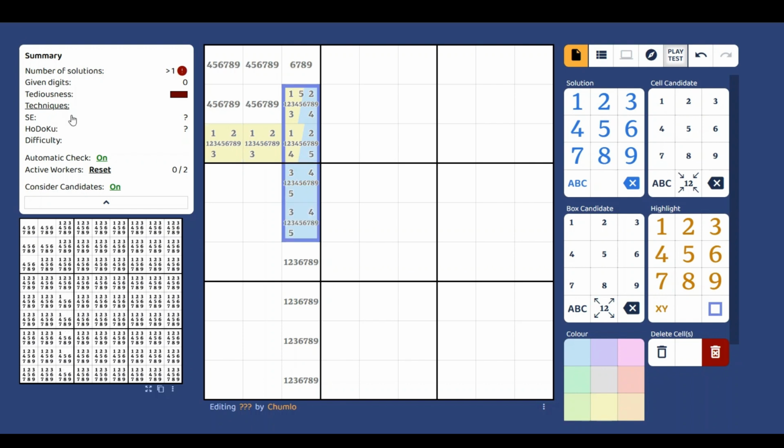But we could also get slightly more complicated cases where we have candidates that are shared between two AHS. So here's another case where we have an AHS with three candidates spread across four cells. We have one in yellow, that's 1, 2, and 3 spread across these four cells in the box. And then we have 3, 4, and 5 spread across these four cells on a line.